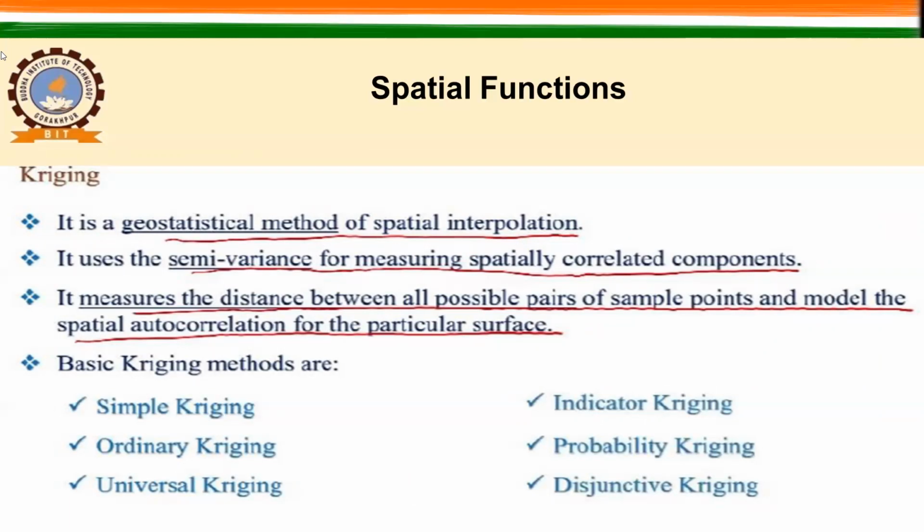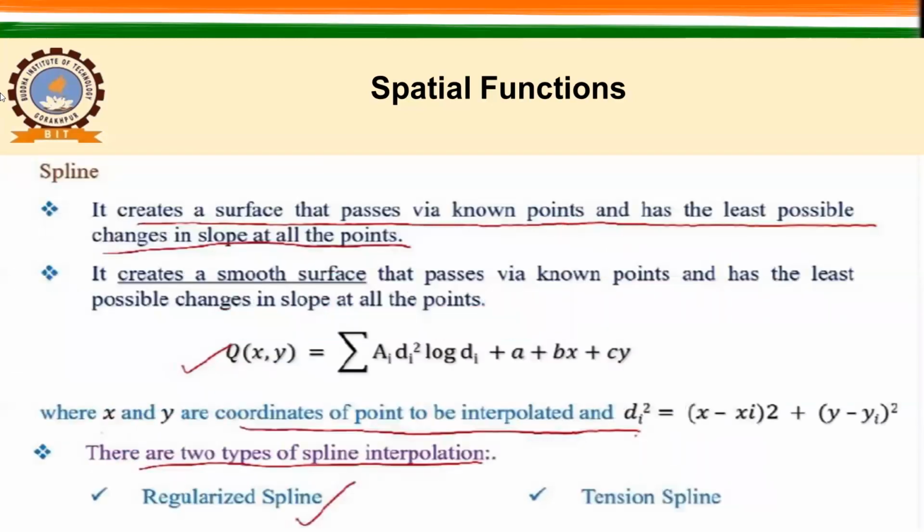Now we have the next method, which is known as spline. Spline is one of the best methods if you want to perform a smoothing effect on the spectral measurement. Hope you remember from the hyperspectral remote sensing section. Because when you acquire a spectra, or whenever you take a spectra from the library, the acquired spectra may have this kind of behavior.